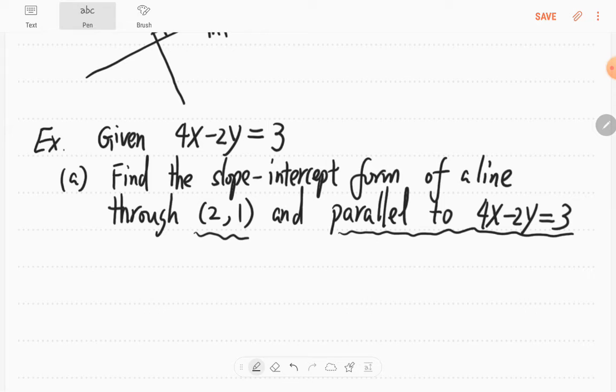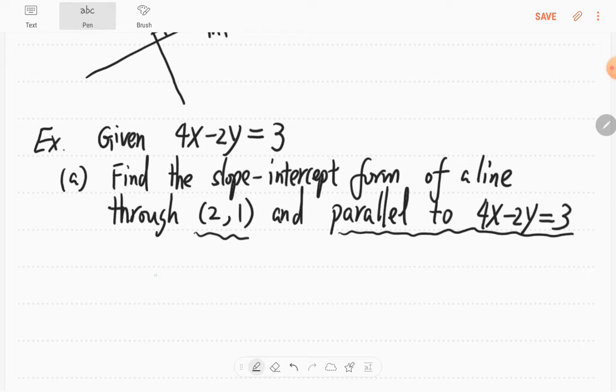So this new line has the same slope as 4x minus 2y equals 3, right? So the next thing is we need to determine the slope of 4x minus 2y equals 3. The idea is if you can write this in slope-intercept form, then the coefficient of x would be the slope automatically, right?